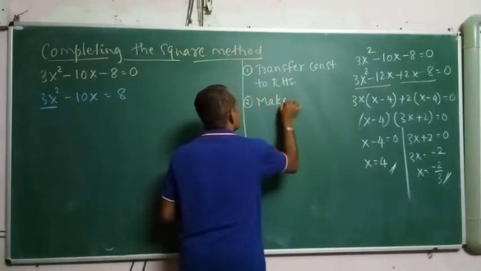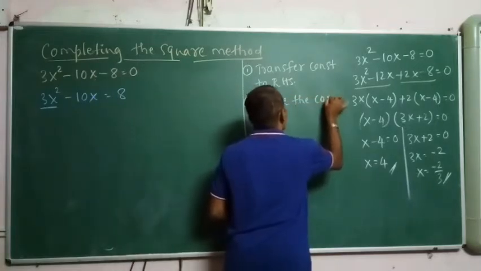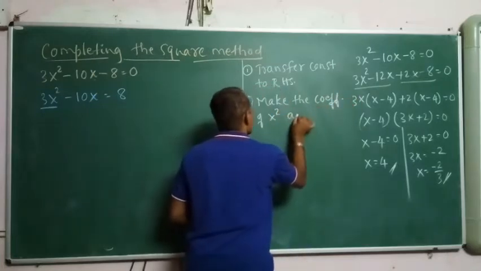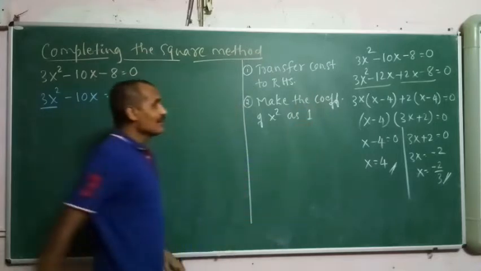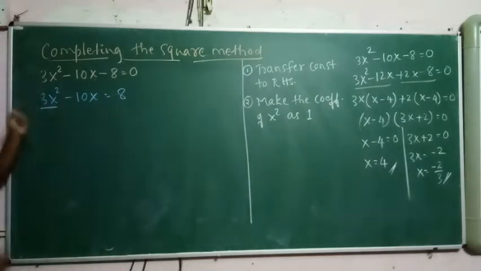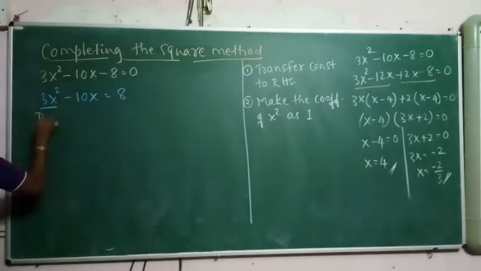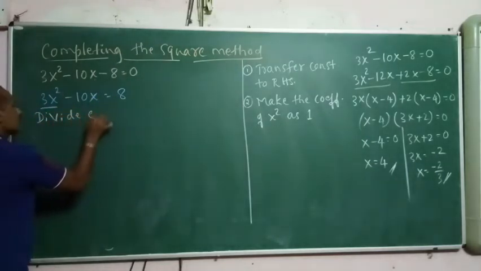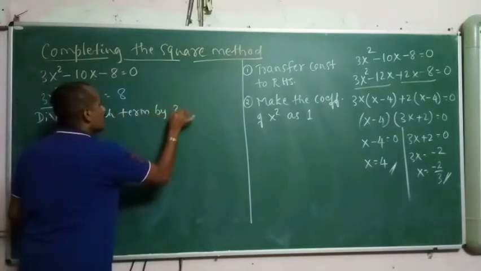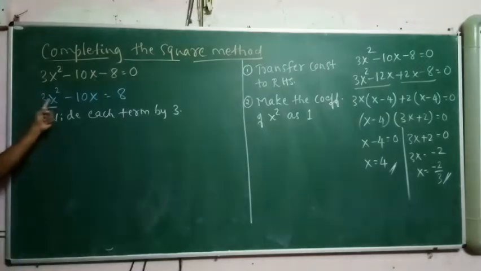Make the coefficient of x square as 1. That means I have to make this 3 as 1, so I will divide each term by 3, so that the x square coefficient will be 1. What happens?